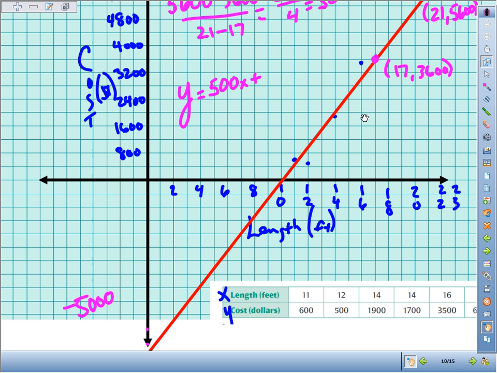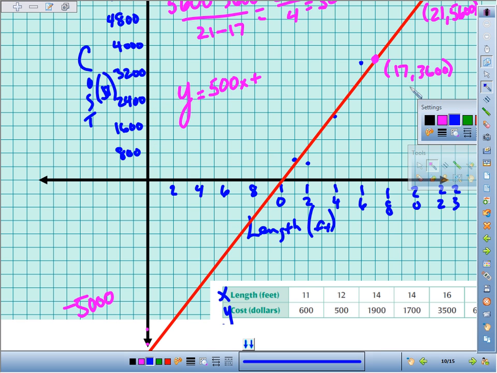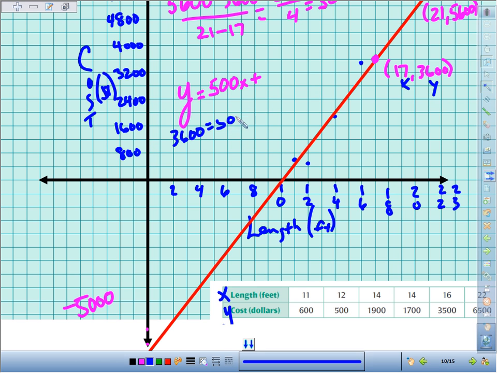So how could we use our equation and a point we know on the graph to find the y-intercept? It's a good little review. Think of this as an x and a y value. Well, y value is 3,600 when the x value is 17. What's the y-intercept going to be? You get 3,600 equals 500 times 17, which is 8,500, plus what gives me 3,600.